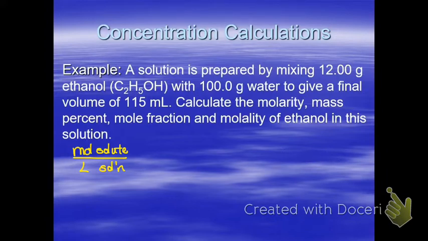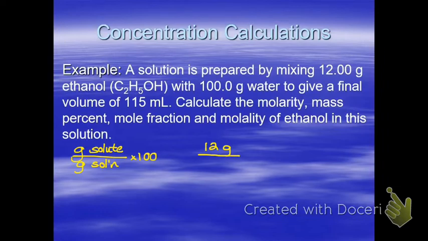All right, so again, I'm going to write out what it is I'm supposed to find. Mass percent: I need grams of solute, and I need grams of the whole solution, times 100. Okay, fine. Well, this one will be quick because I have 12 grams of solute.